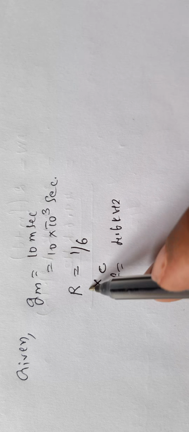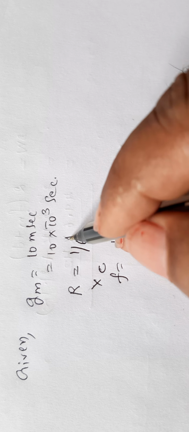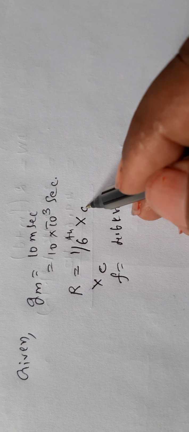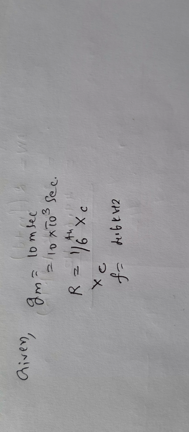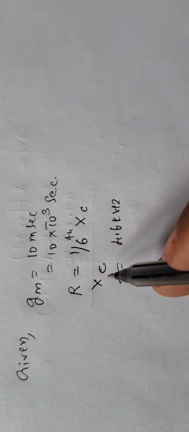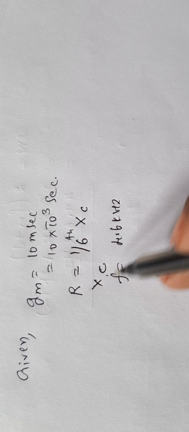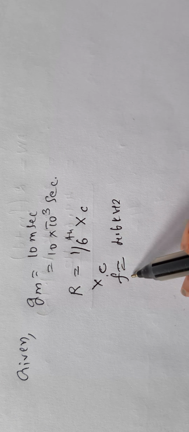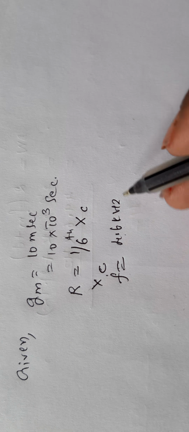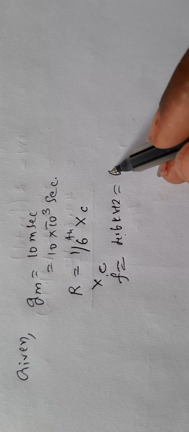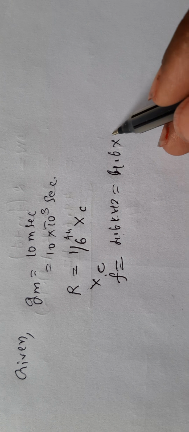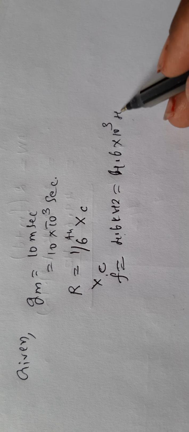R is 1/6 of the reactance Xc, because C is connected between gate and drain and this reactance is Xc. Therefore, R is 1/6 of Xc, where Xc is the capacitive reactance. The operating frequency is 4.6 into 10 power 3 hertz.